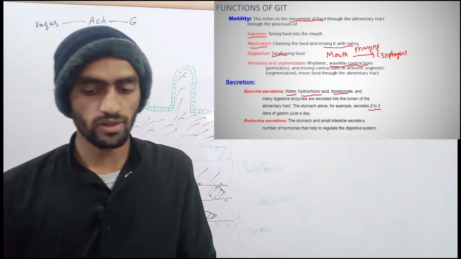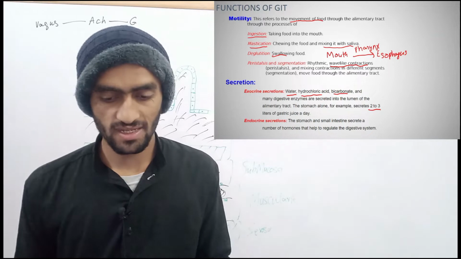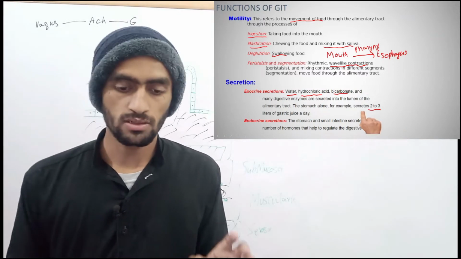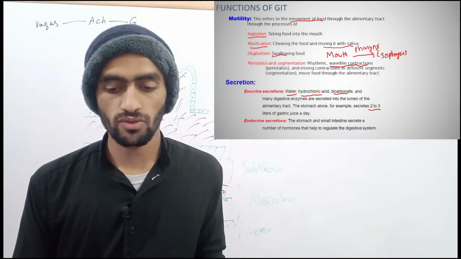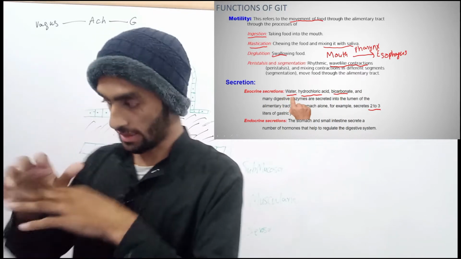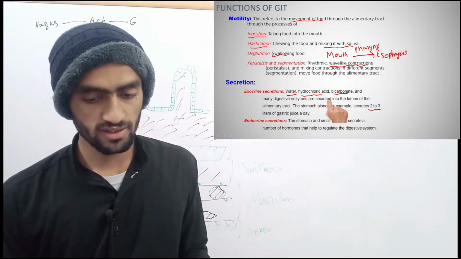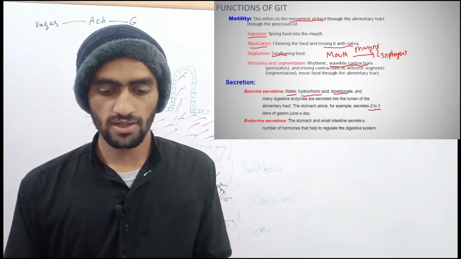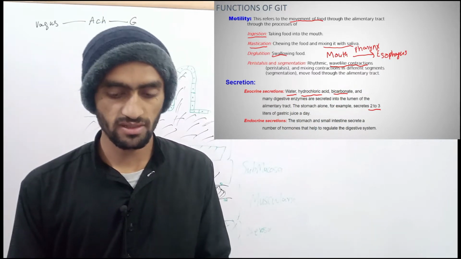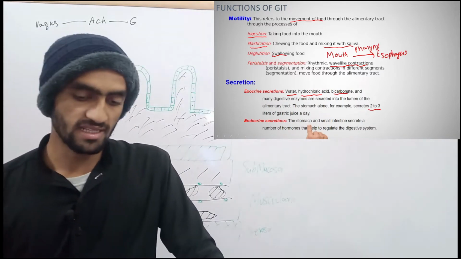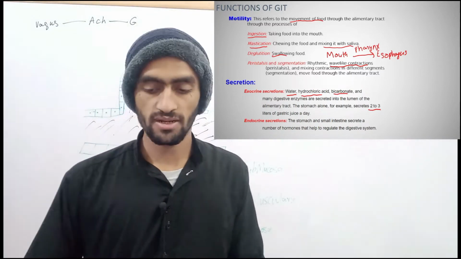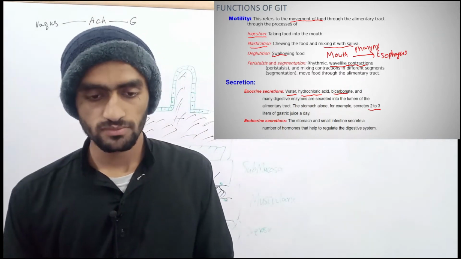So we secrete 2 to 3 liters of gastric juice per day. This is exocrine secretion, which includes water, hydrochloric acid, bicarbonate, and everything else. Of endocrine secretion, a lot we will study in the digestion process in the stomach and small intestine.